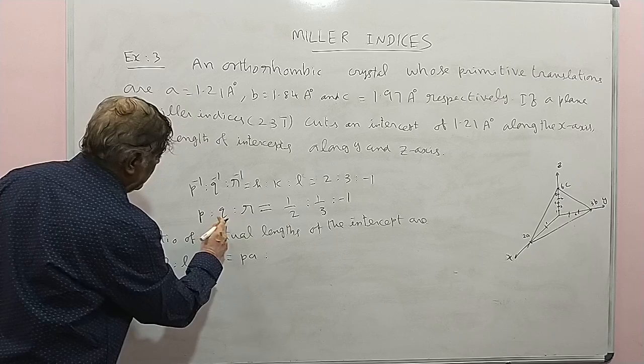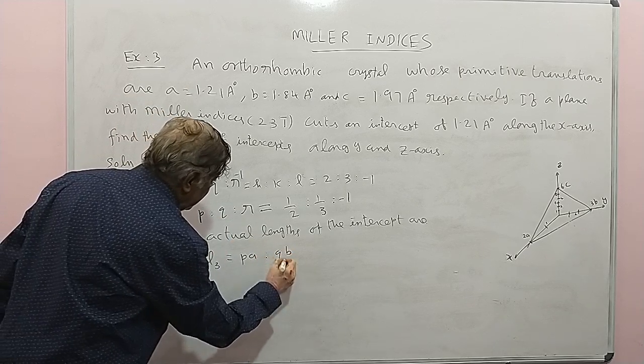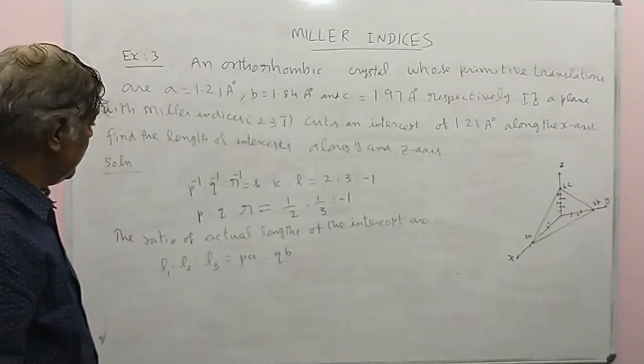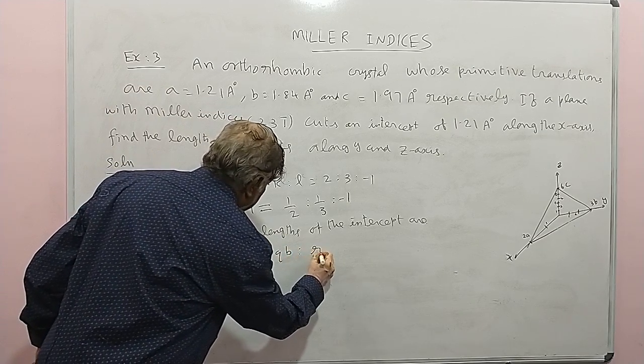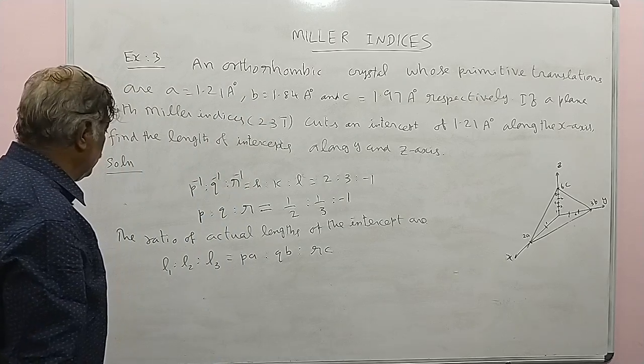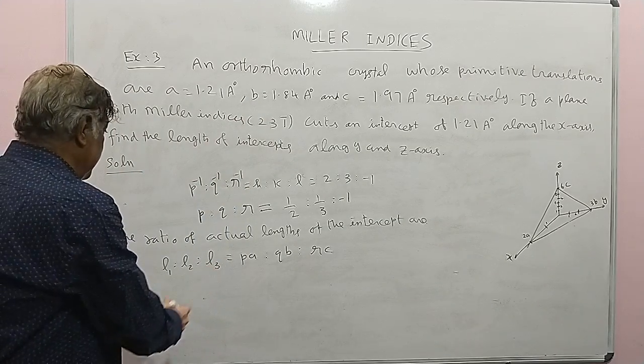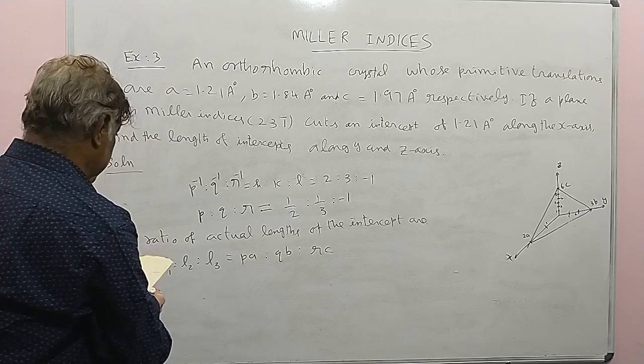If B is the unit translation along the y-axis, then Q into B is the actual length, and R into C is the actual length. So L1 is to L2 is to L3 is given as PA is to QB is to RC.